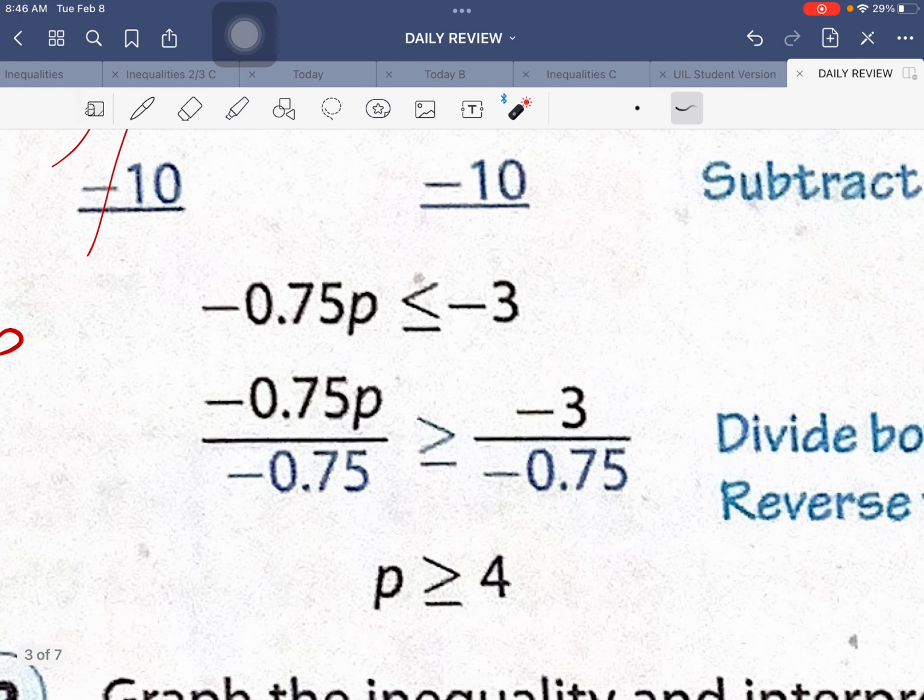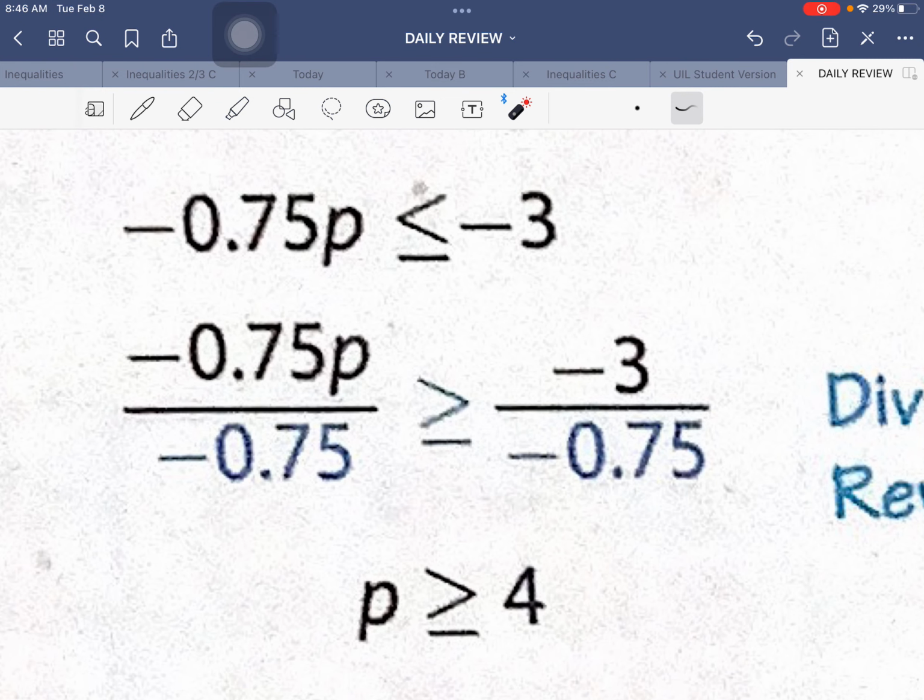What do you notice? The 3 is negative. I like that. When you divide a negative by a negative, it turns positive. That's good. What else do you notice?